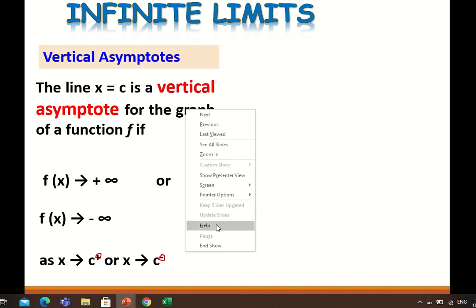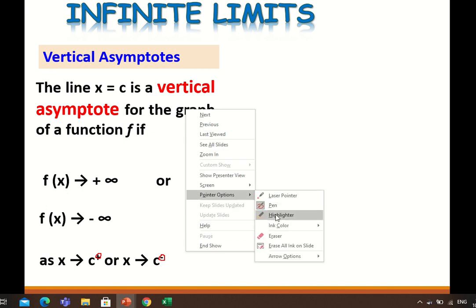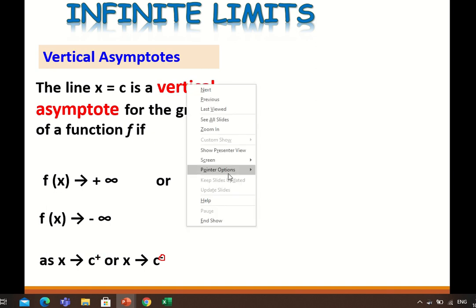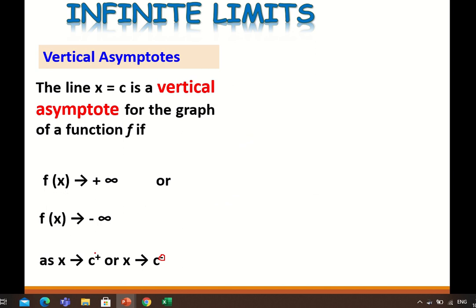So don't forget this basic thing, because this is a very small thing, but if you forget this one, it will create trouble when you're solving problems involving infinite limits. So remember this. If that is plus, meaning coming from the right, the values of x can assume values from the right towards c. Here, from the left towards c.